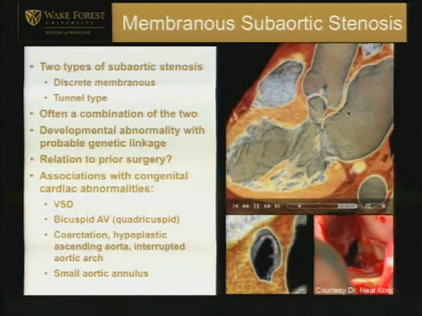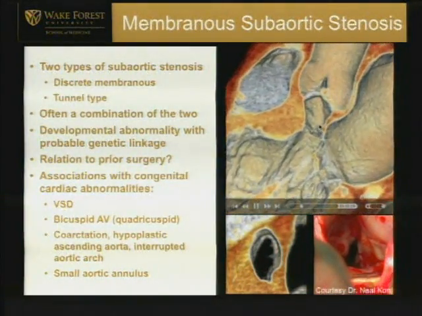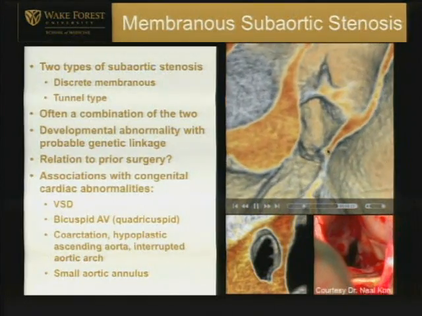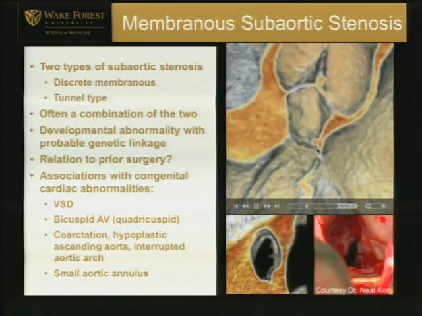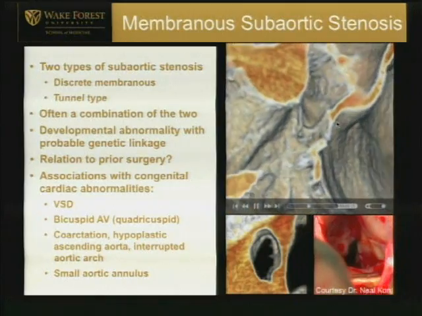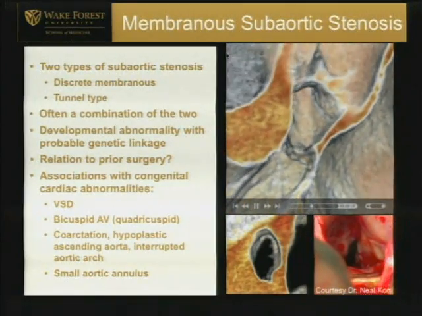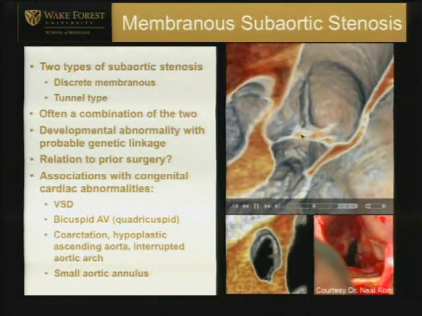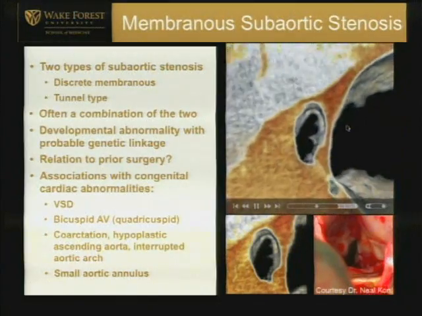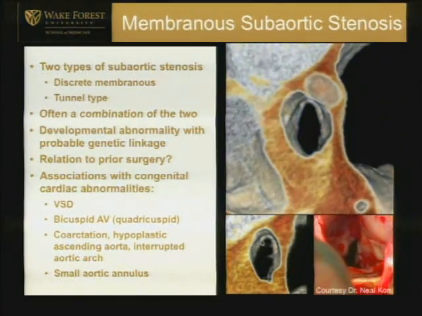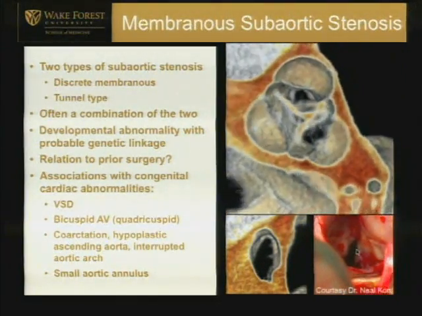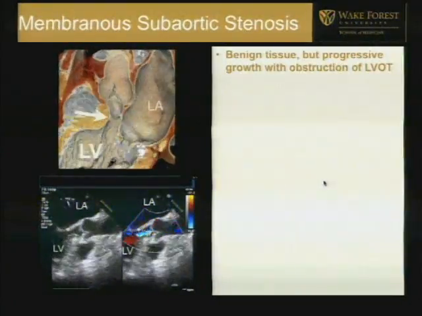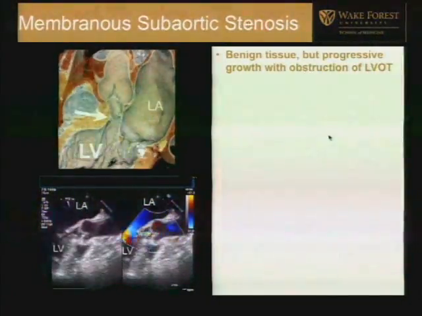But so here I'm inverting the blood pool and going into that left ventricular outflow tract, and you can see as I change perspectives how this little membrane here would narrow the outflow tract. And you can imagine that if you cut the aorta here and look down through the valve, you would see this picture right here, which is in the lower left, and this is what they saw at surgery. So again, this membrane is a fibromuscular membrane.